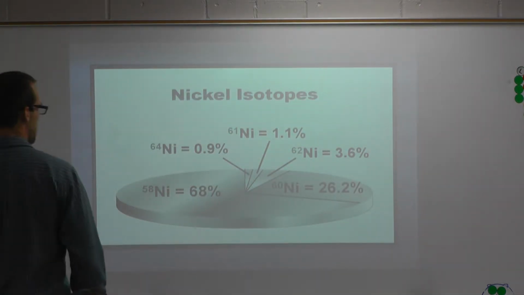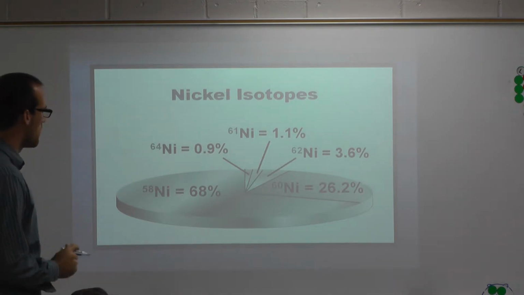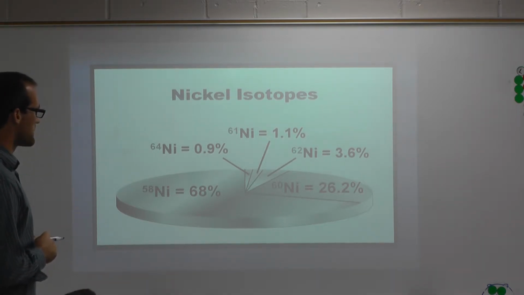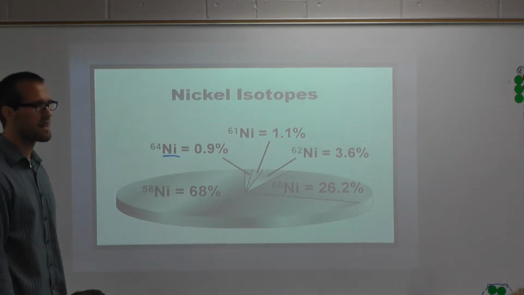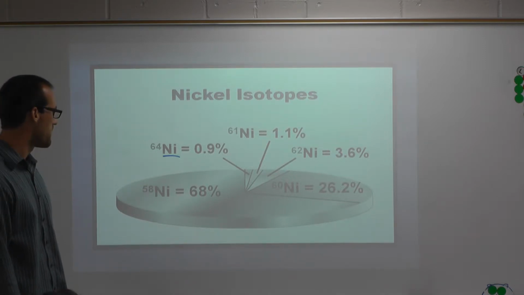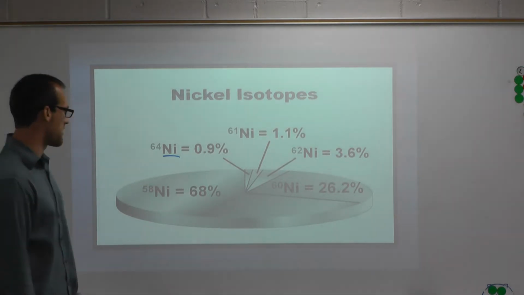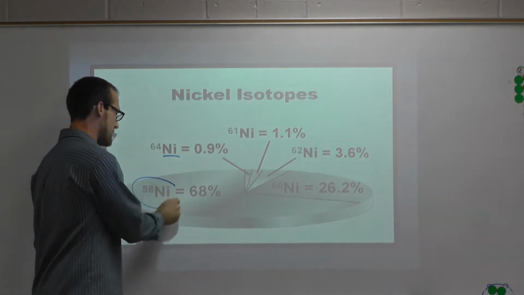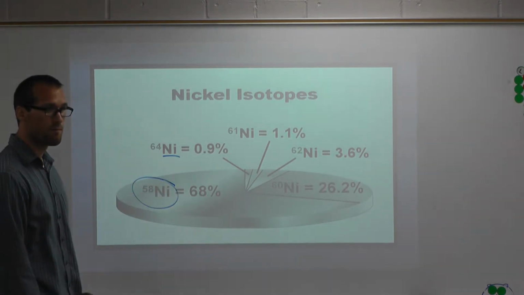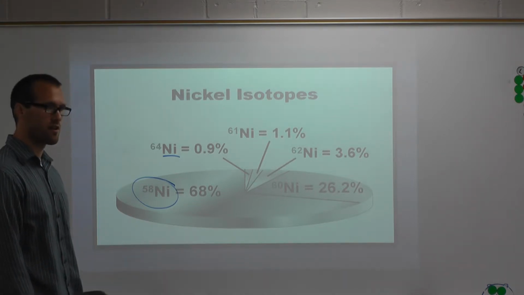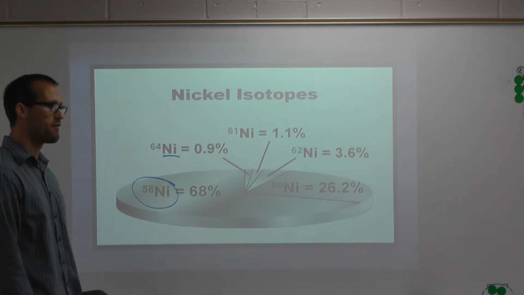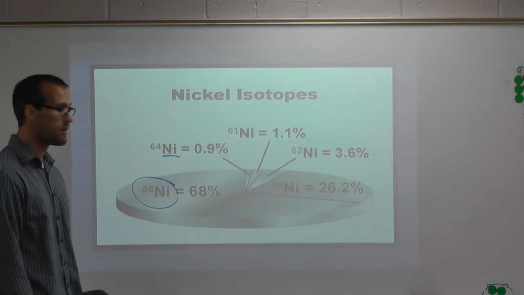Alright, so what this is showing you, you don't have to put this in. What this is showing you is that naturally occurring in nature, anybody know what this element is? Nickel. Okay? Naturally occurring in nature, most of nickel that naturally occurs in nature is in this isotope form. 68% of nickels naturally occurring in nature is going to be of that isotope form.